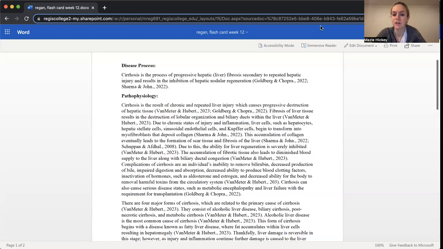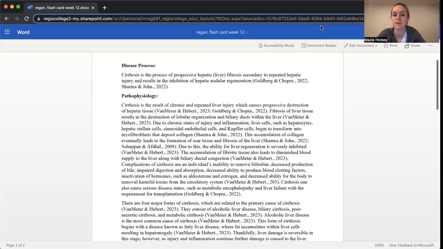The accumulation of fibrotic tissue also leads to diminished blood supply to the liver, and biliary ducts become congested. Complications of cirrhosis include an individual's inability to remove bilirubin and decreased production of bile. It impairs the digestion and absorption of the body.